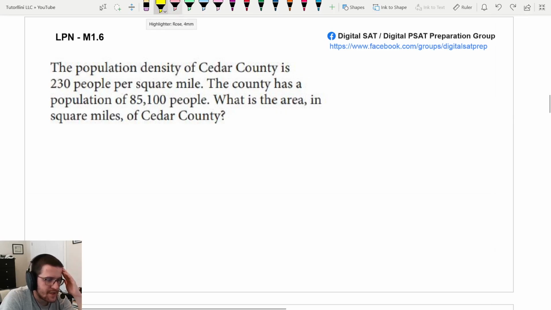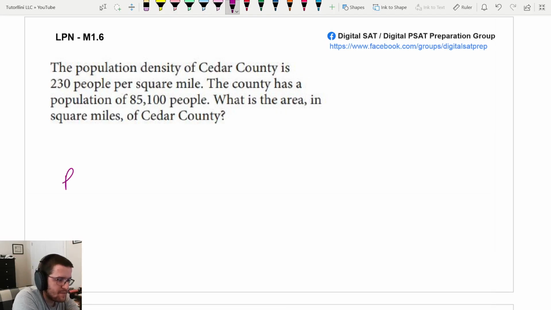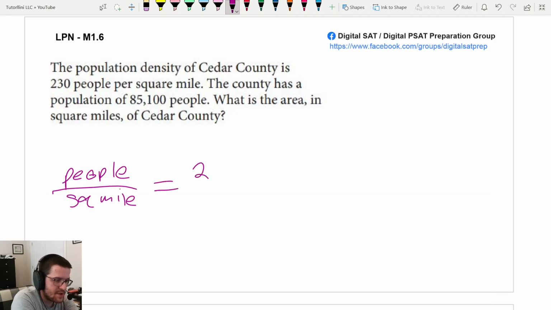You could also treat it like a proportion. So I'm going to do people per square mile, and we have 230 people per every 1 square mile.